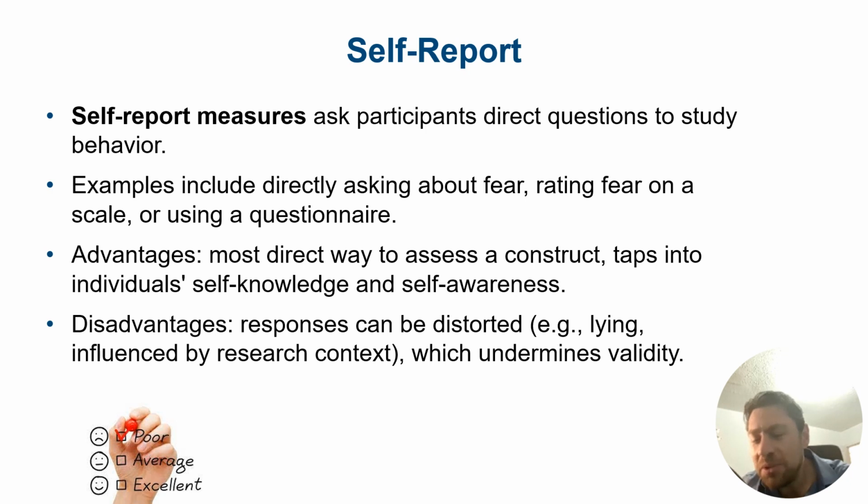Also, people might give you false information, either because they are lying to maintain a positive self-image, or because maybe there are limits to self-knowledge and self-awareness. So for example, let's imagine you ask somebody about bias. You want to know about bias.